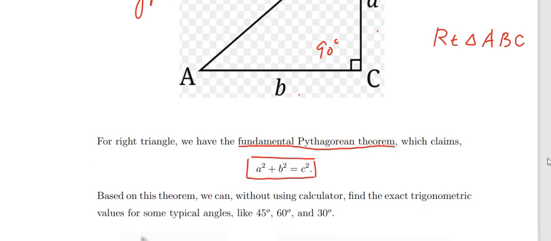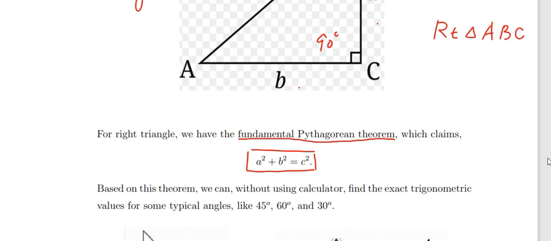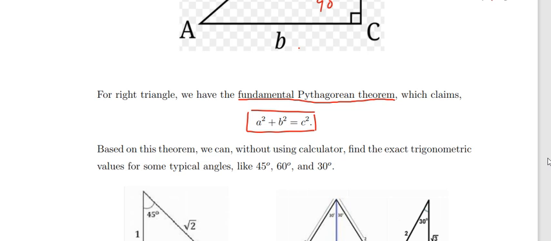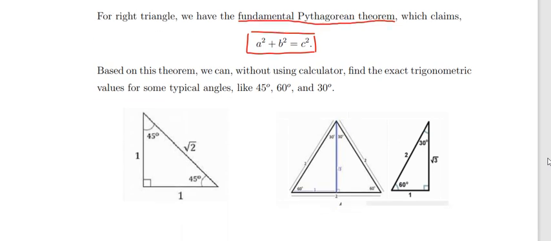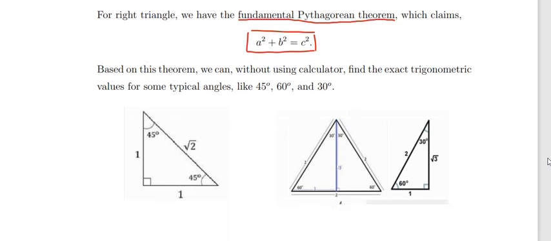Based on this, we can find some typical angles, like 45 degrees. If two sides are the same, say 1 and 1, then the third side squared is 1 squared plus 1 squared, which equals 2, so this side is root 2.